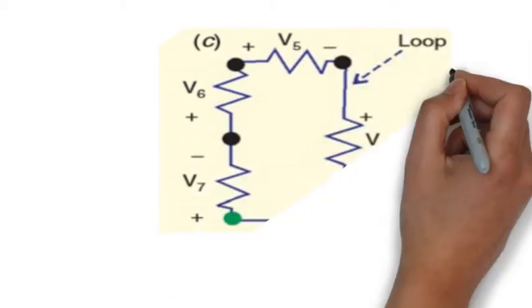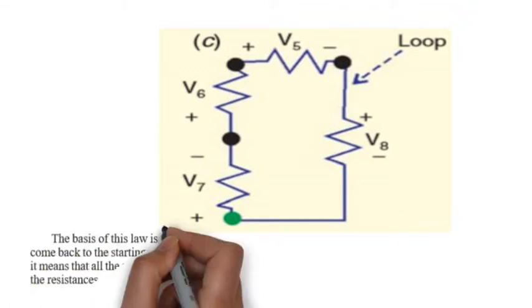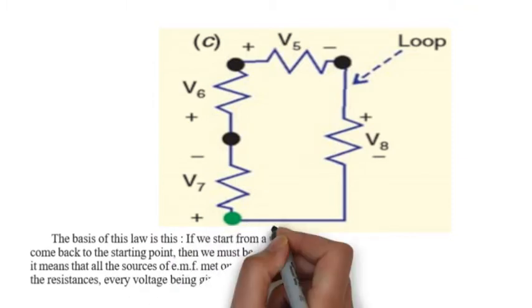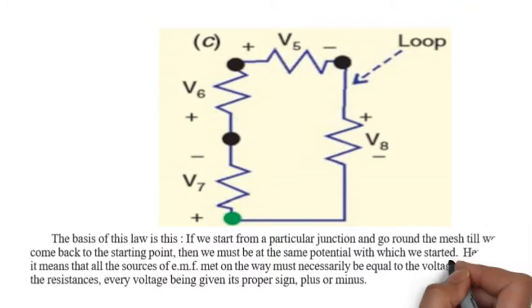It is noted that the algebraic sum is the sum which takes into account the polarity of the voltage drop. You can see the voltage drop in this diagram. The basis of the law is this: if we start from a particular junction and go around the mesh till we come back to the starting point, then we must be at the same potential with which we started.